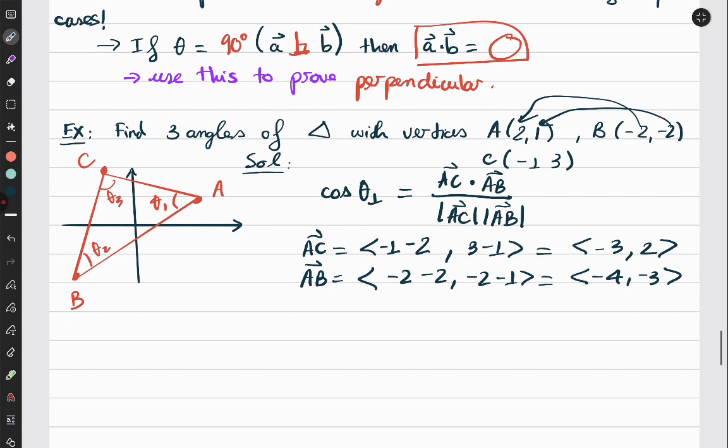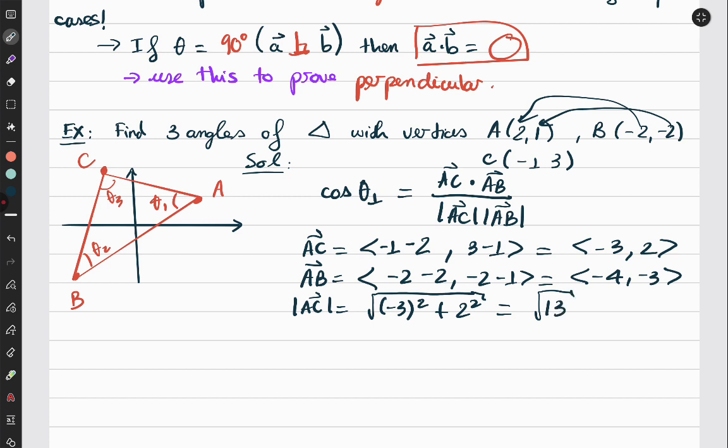How about the length of AC? We went over this on Monday. The length is just the square root: square each component and add them up. So -3 squared plus 2 squared, that would be 9 plus 4, 13.